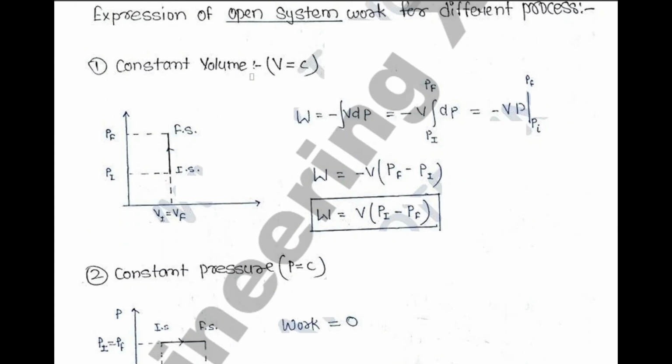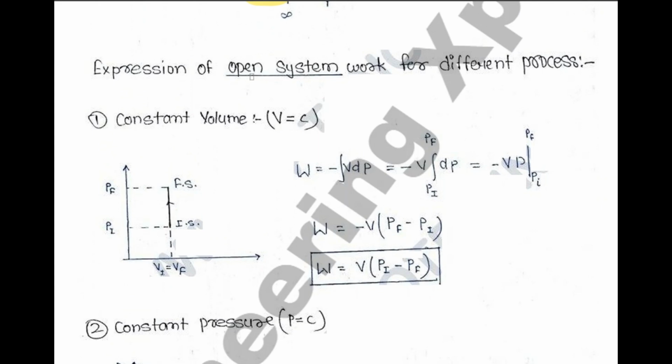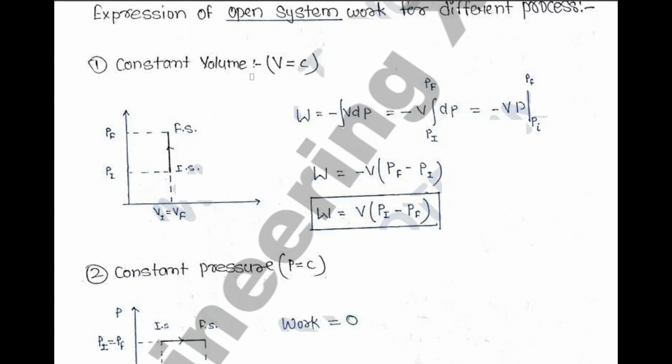Let's discuss open system work. Till now we have only discussed closed system work. For constant volume, isochoric, there is just one difference: here the work will be VdP. In an open system we need to define a control volume so that we can analyze that volume as a system to work over.